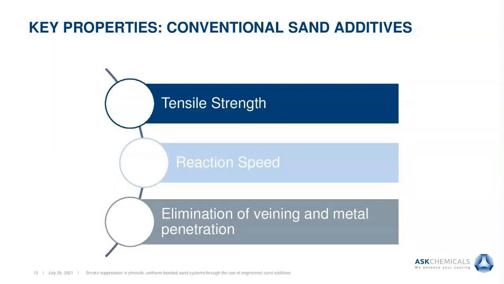Most importantly, it needs to serve the purpose of eliminating veining and metal penetration, and in some instances it should help with the surface finish. So independent of the smoke and emissions, the additives we develop need to help with this, and we needed to validate it.